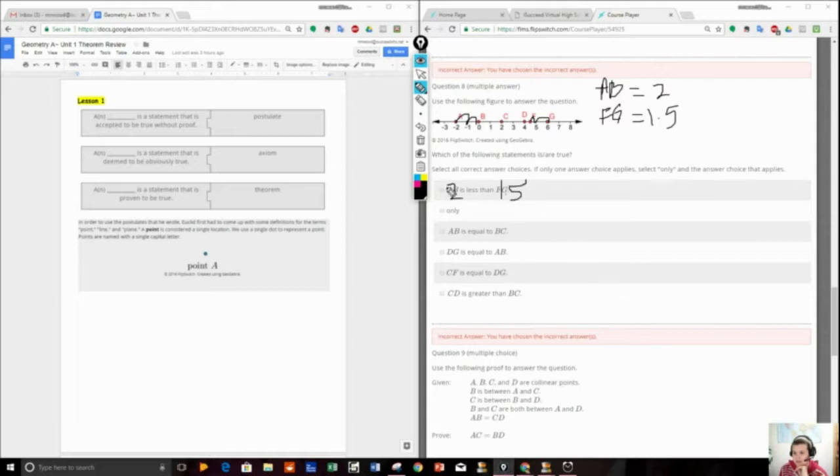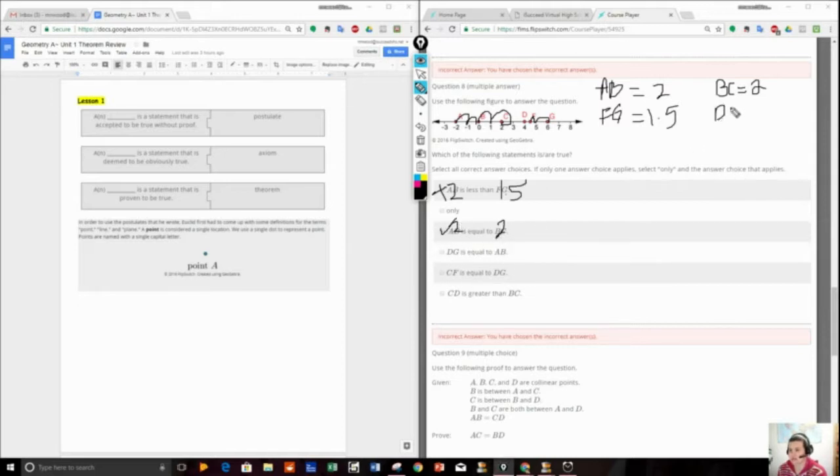No, so that's not true. AB is equal to BC. All right, well, let's find the distance of BC. So BC is 1, 2. And so is 2 equal to 2? Yes, so that one is correct.